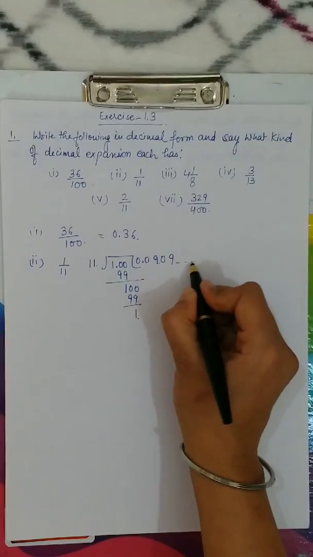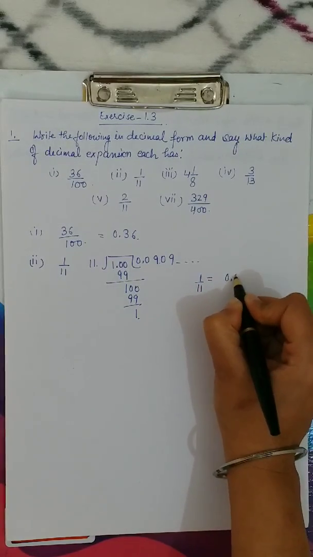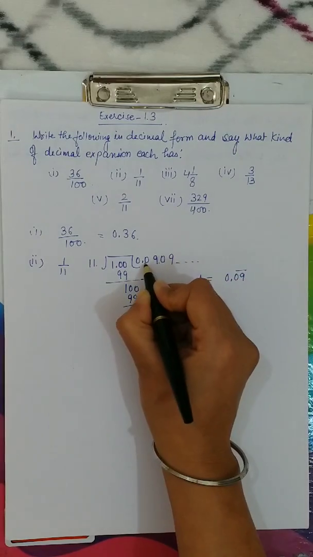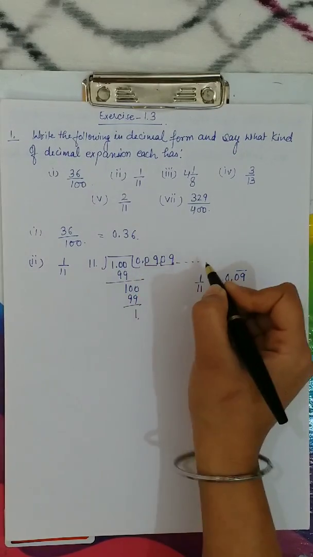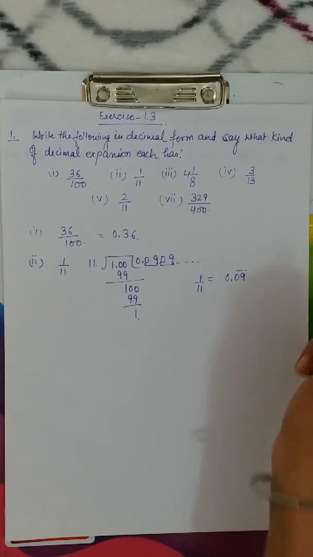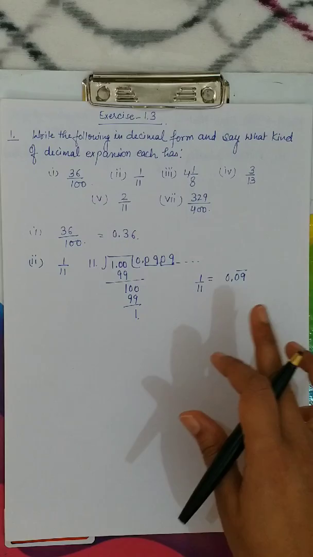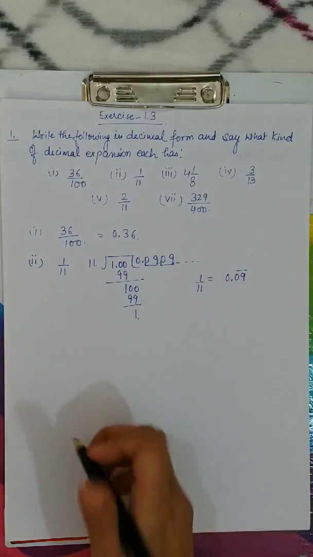So it goes on again and again. So the decimal expansion of 1 by 11 is 0.09 bar, because 0909, again we will get 090909 and so on. So the decimal expansion of 1 by 11 is 0.09 bar.